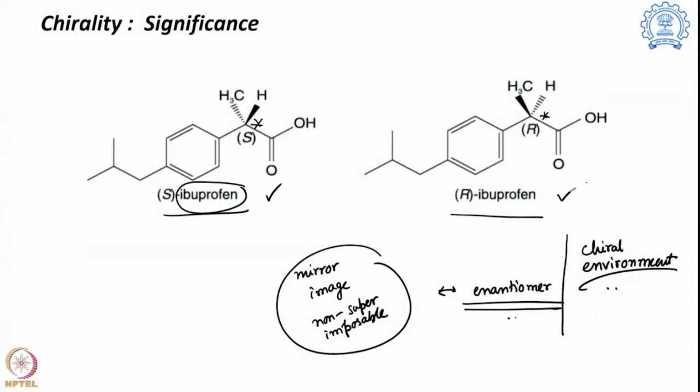However, the properties which require the chiral environment, then they actually separate themselves out. So, in a condition where I can induce chirality, they will differentiate between these two enantiomers of ibuprofen, and that exactly happens when we put them in a biological system, say including our body.